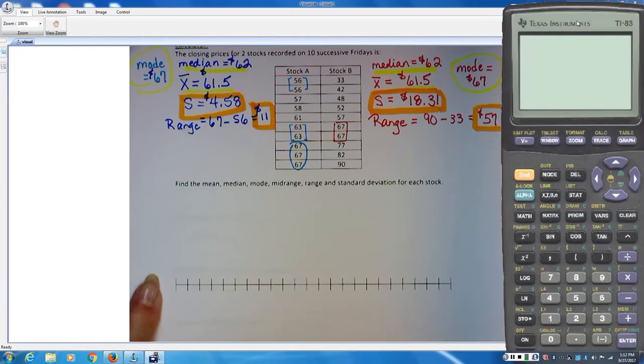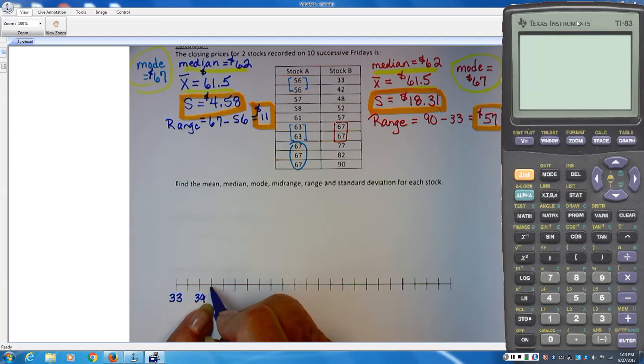So we're going to start out, and actually there's no reason we have to start at 30. We can start at 33. That's 36, 39. I'm going to label just every other one.